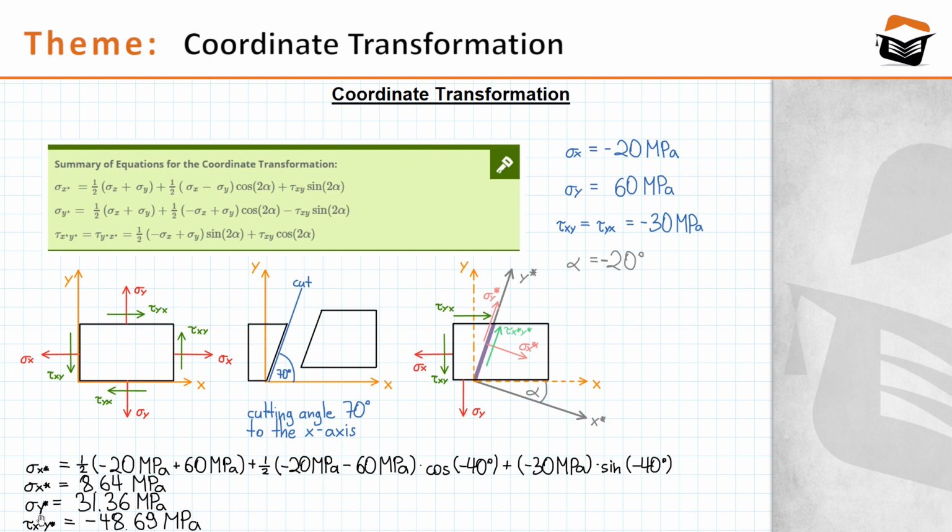The normal stress in y star direction is 31.36 megapascal, and the shear stress that the glue or the screws must withstand is 48.69 megapascal. Since the value for shear stress is negative, that means that the actual shear stress does not act in the direction as indicated, it acts in the opposed direction.